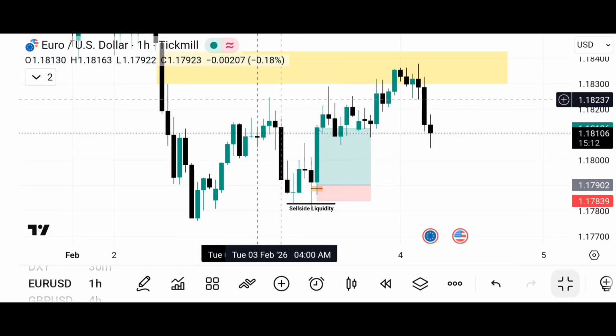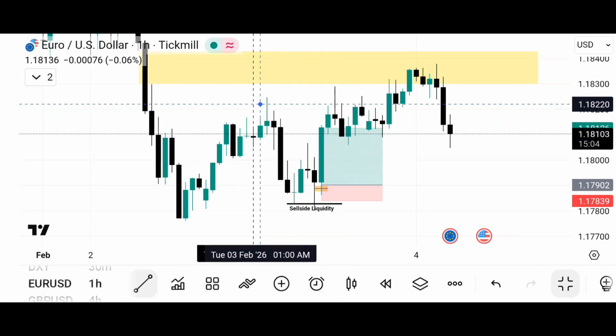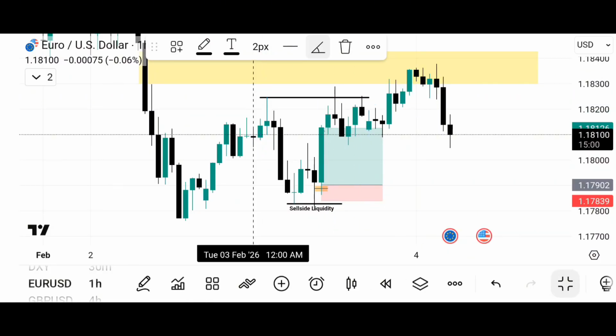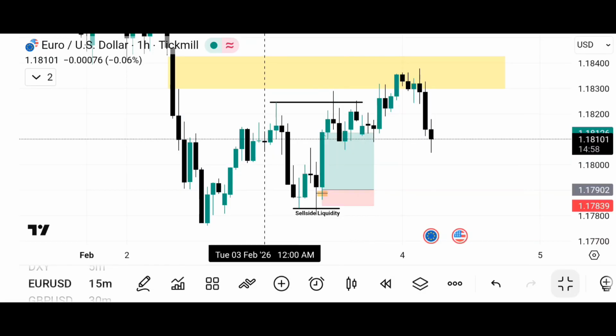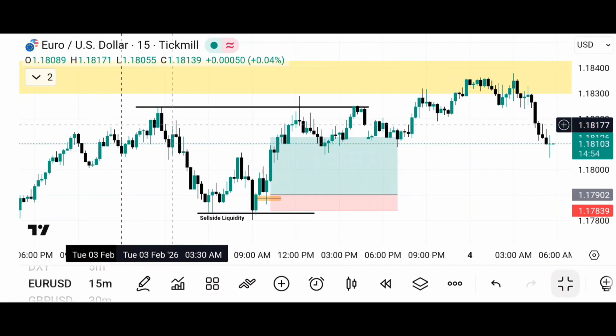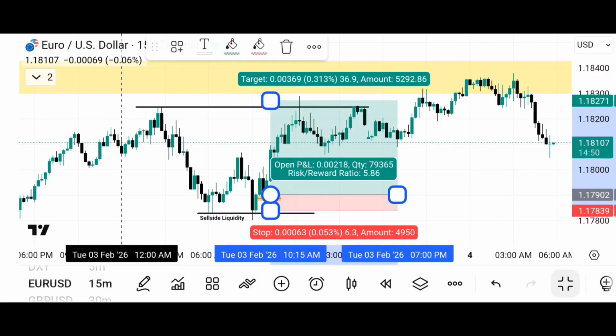And you can see this high right here in price. So this high will be our first take profit target. This high right here.